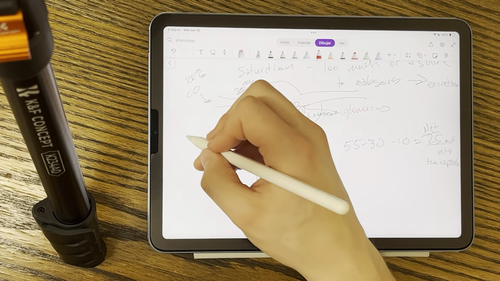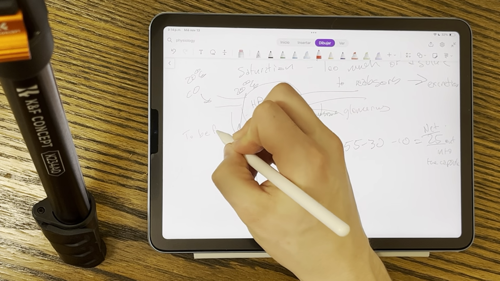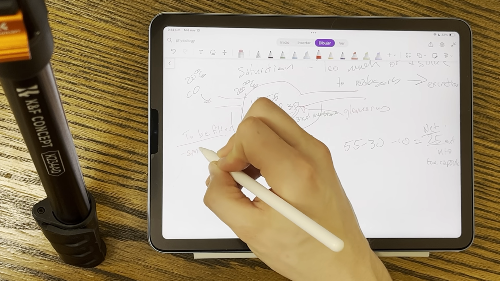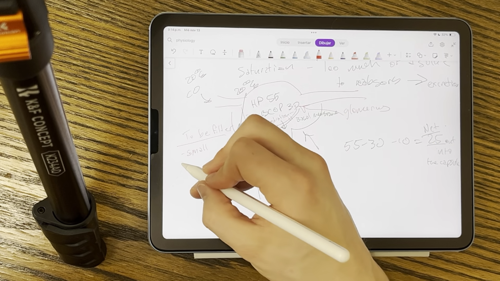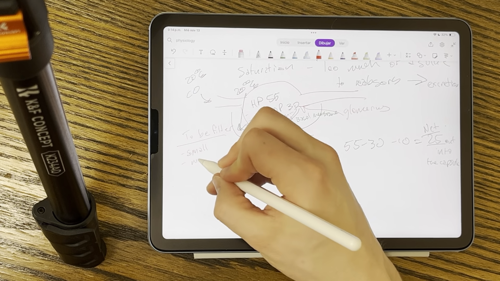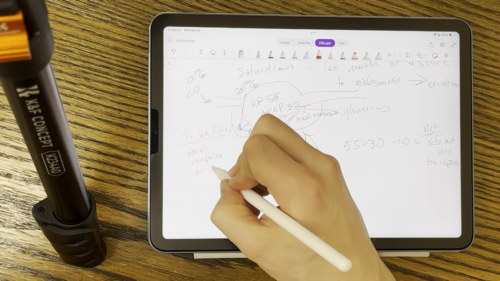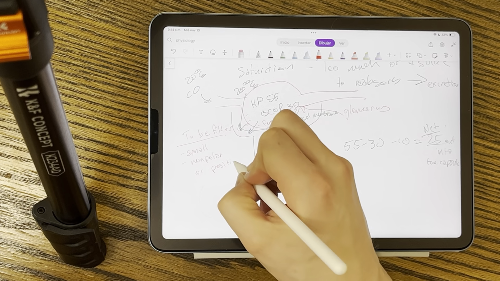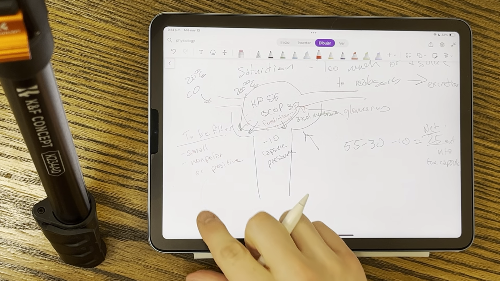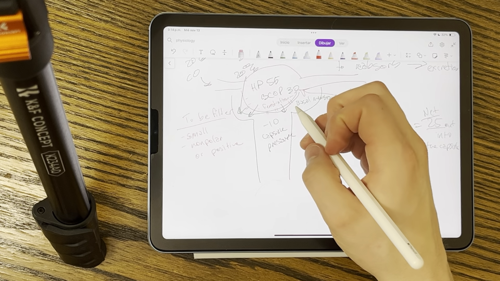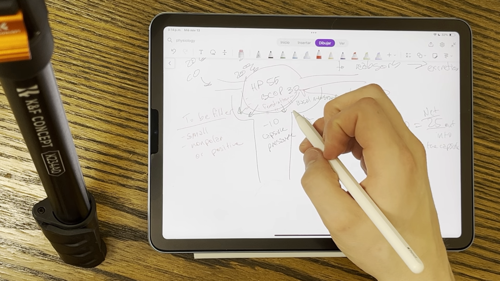So to be filtered, they have to be small to fit in the fenestrations, the holes. They have to be non-polar or positive. Or for something like chloride, it's just so small that it can fit through and isn't repelled by those negative forces. And so those are the kinds of things that are going to filter it.